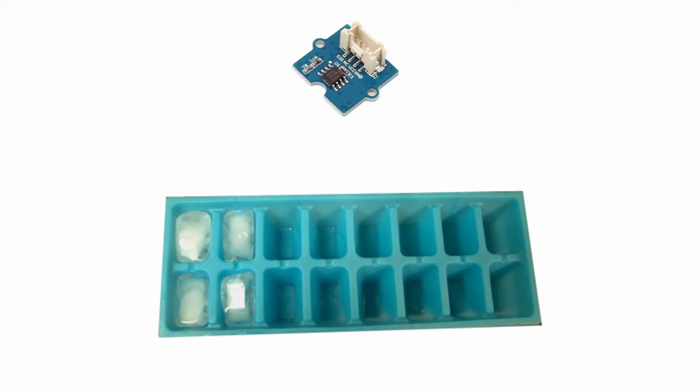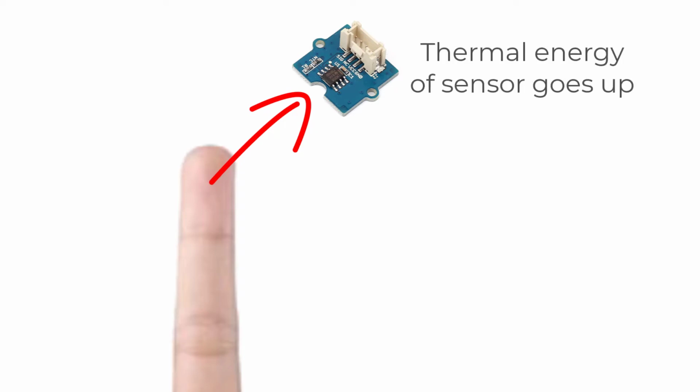Similarly, when the temperature sensor is placed on the fingertip, the finger is relatively warmer than the temperature sensor. And so heat flows from the finger into the temperature sensor, making the temperature sensor hotter, and its measurement goes up.